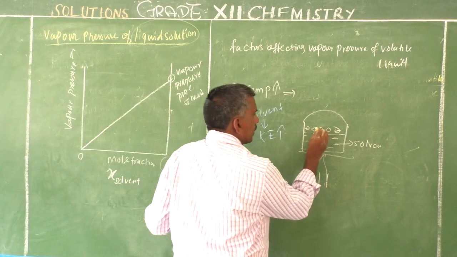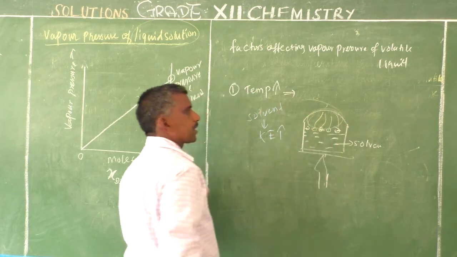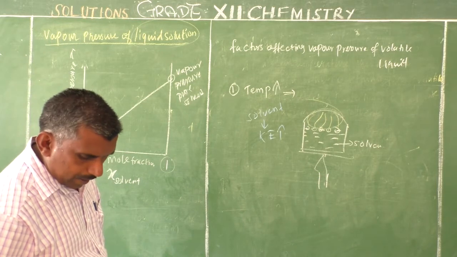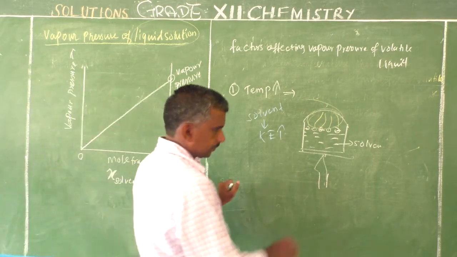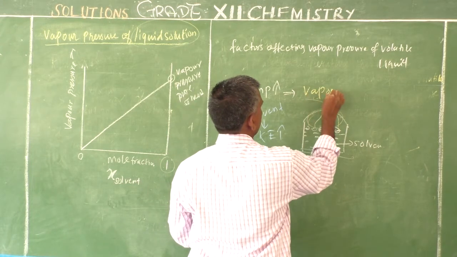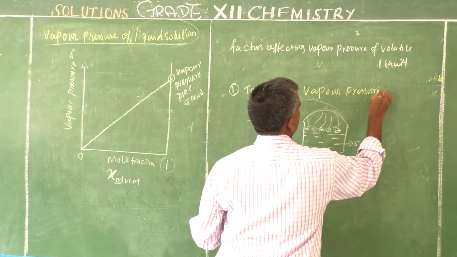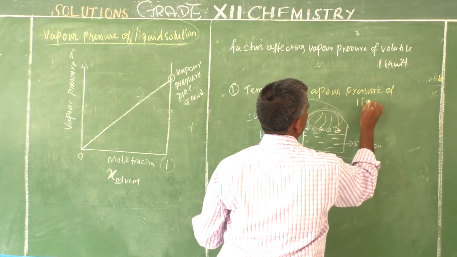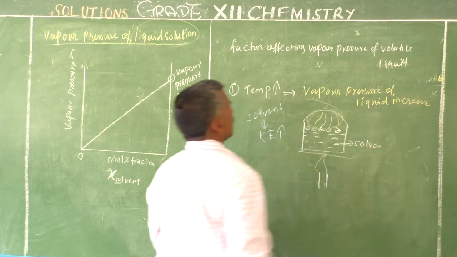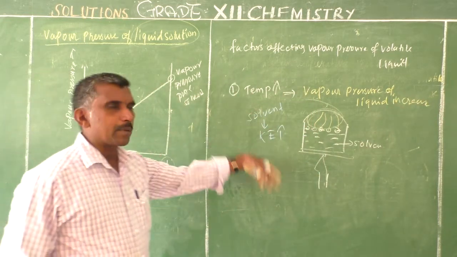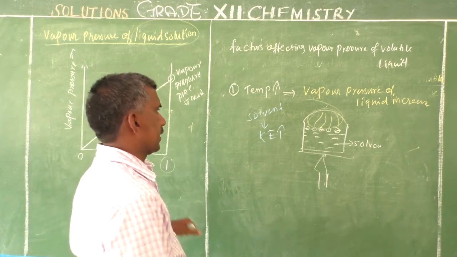The solvent molecules escape from the surface, so more vapor is formed. So when temperature increases, the vapor pressure of the liquid increases. First factor, temperature: more solvent evaporates, so vapor pressure increases.